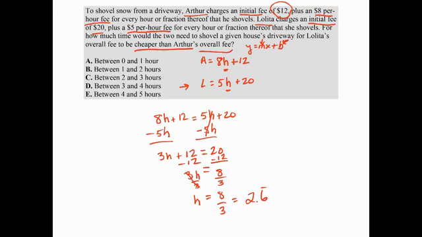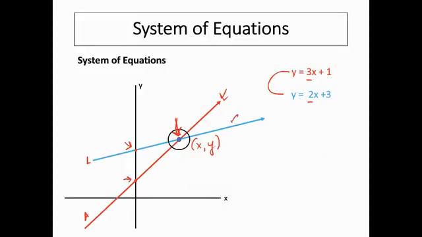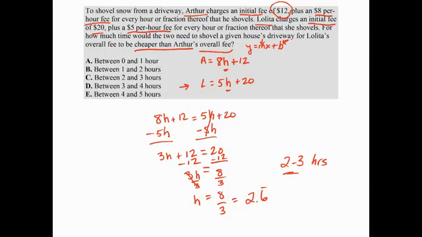So how many hours? Well, somewhere between about 2.5 hours, so somewhere between 2 to 3 hours. Somewhere in that range, Lolita's price is going to be cheaper. So at this point, we've just discovered the hours, or the x value, will be somewhere between 2 and 3 hours.